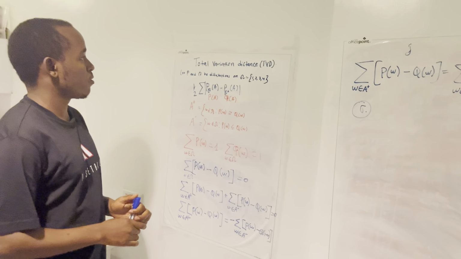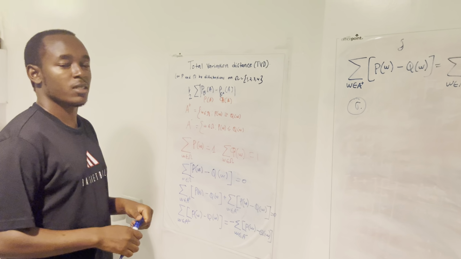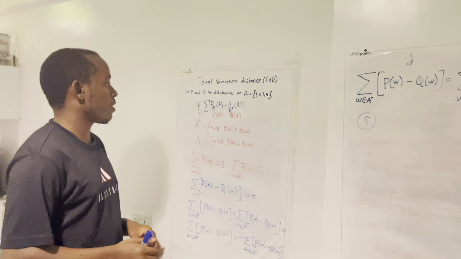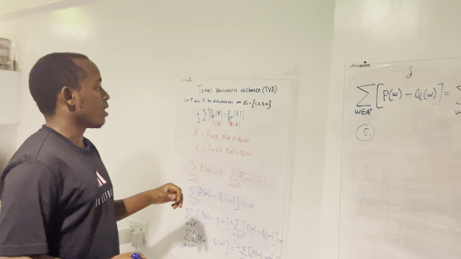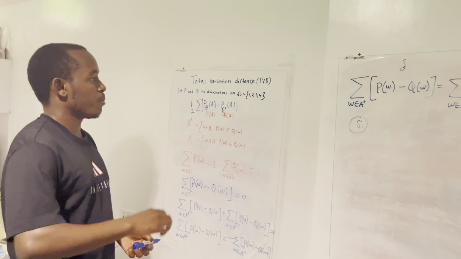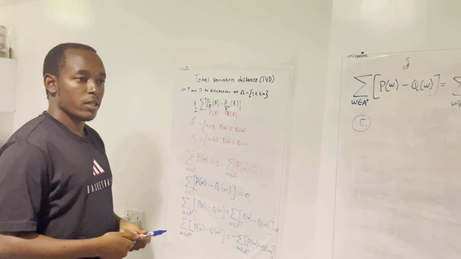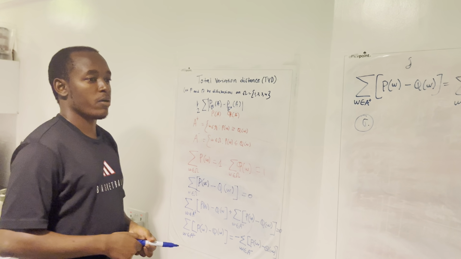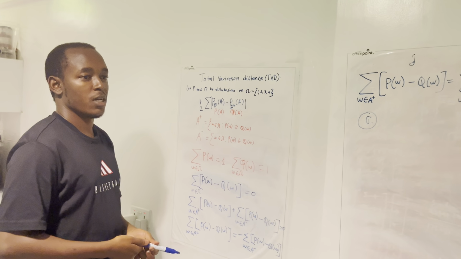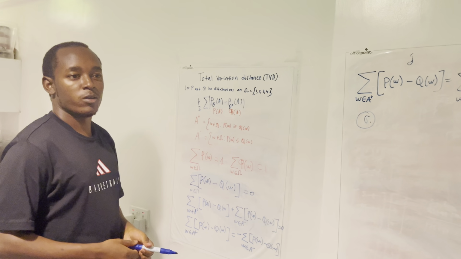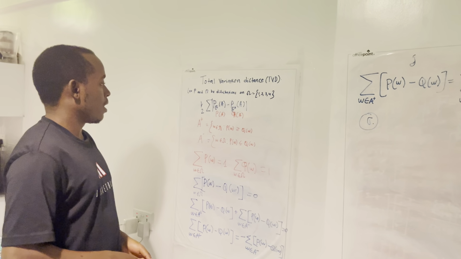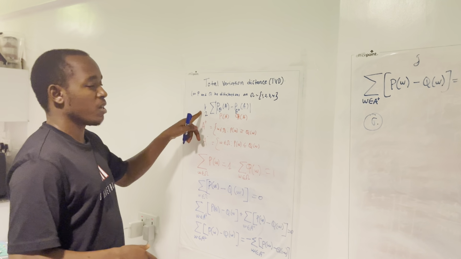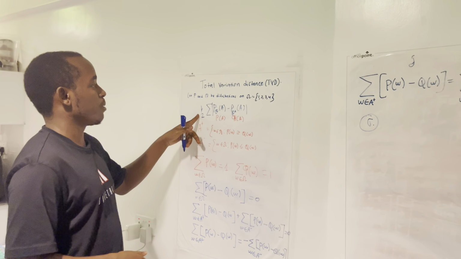Basically, for total variation distance, you're trying to understand how far one distribution is from the other. It has a formula where you just multiply a half by the absolute difference between all the points in the distribution. In this video, I have shown an example where we're using a discrete distribution, but later on I'm going to do one where we're using a continuous distribution. And what we have explained is how this half comes about.